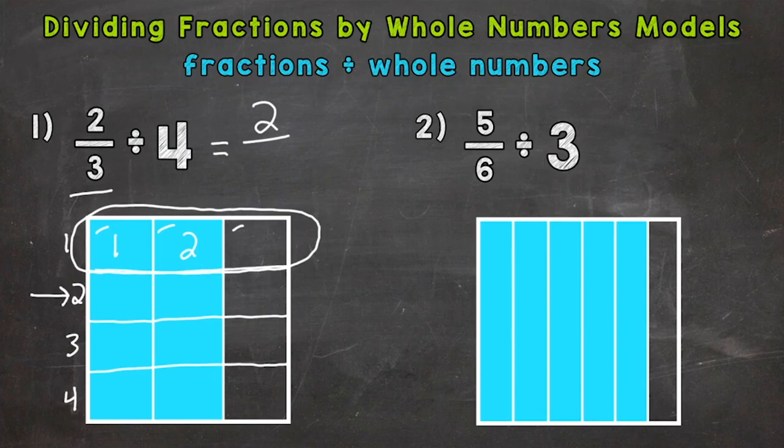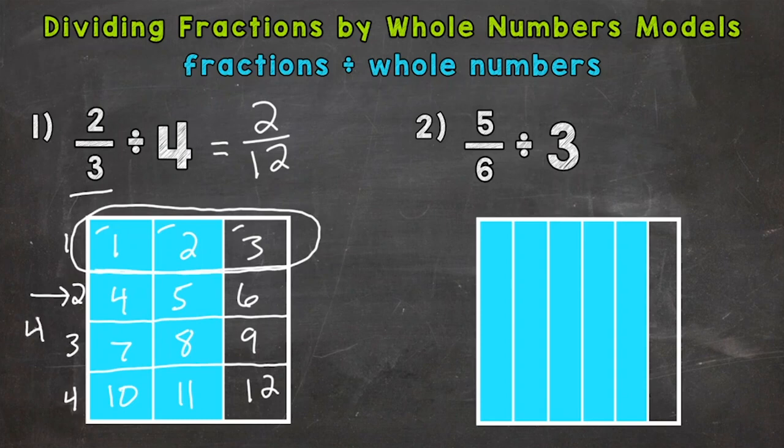The first is just count each one individually. So 1, 2, 3, 4, 5, 6, 7, 8, 9, 10, 11, 12, and that will be our denominator. Or we have an array here, so you can do 4 by 3. 4 times 3 gives us that 12. Either way gives us the same answer of 12.